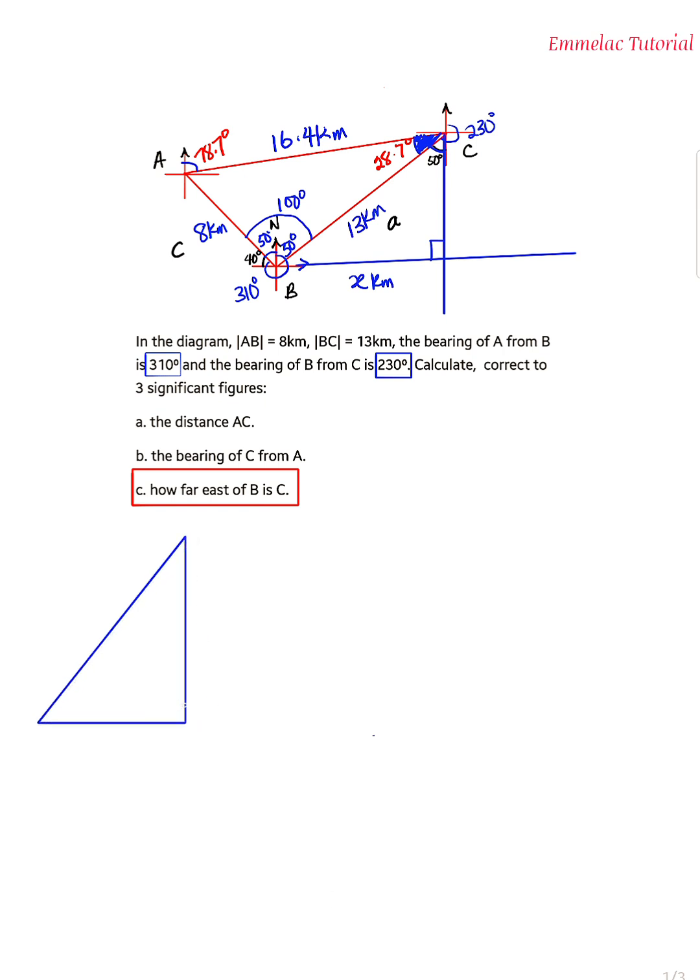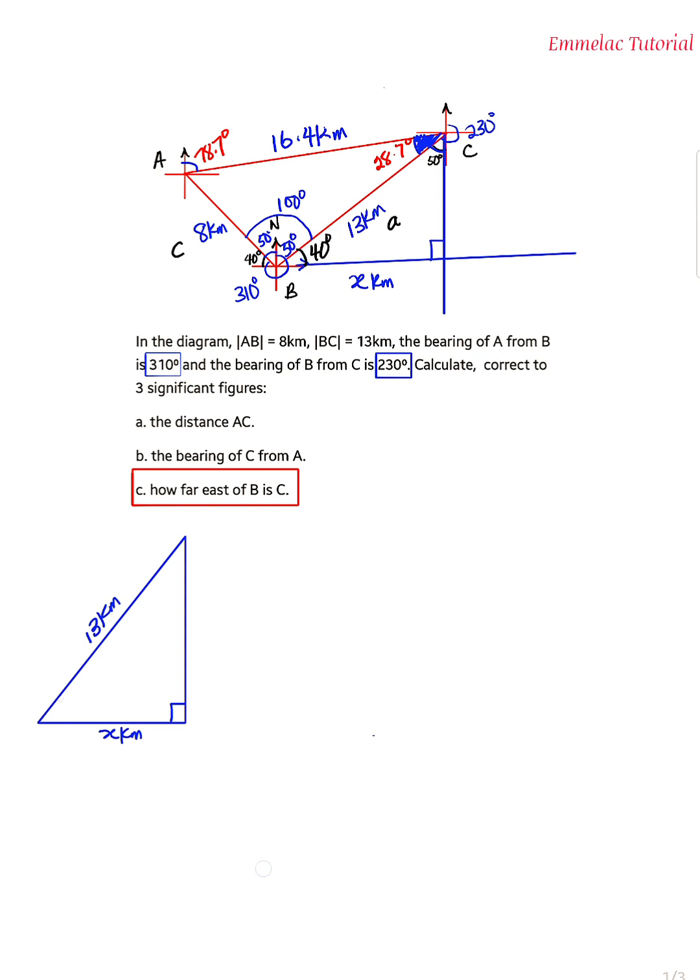So here we have 90, then here we have 13 kilometers, and here we have x kilometers. Take note that is what we are looking for. Take note that if here is 50, which is part of 90, it means that here will now be 40 degrees.